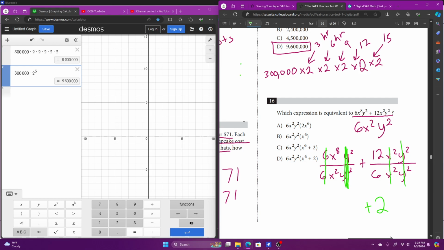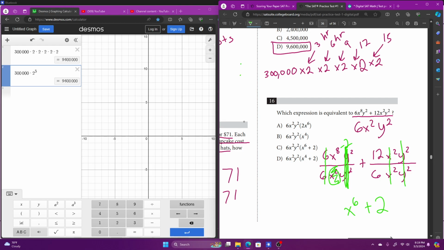And all we're left with here, x to the power of 8 divided by x to the power of 2, is going to give us x to the power of 6, right? When we move this from the denominator to the numerator, we subtract the exponent because they have the same base.